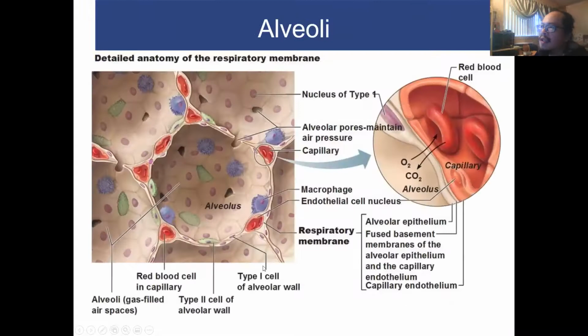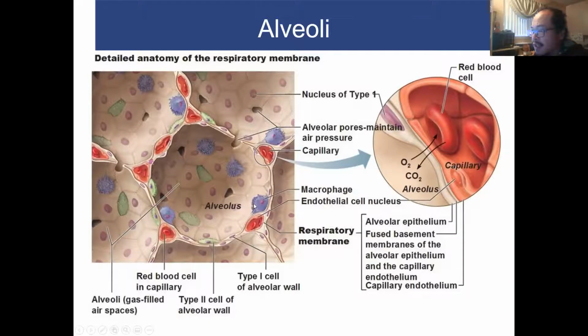So let's look. That is the picture of each of these alveoli. You can see that each one is an epithelium cell. We also have some macrophages here.